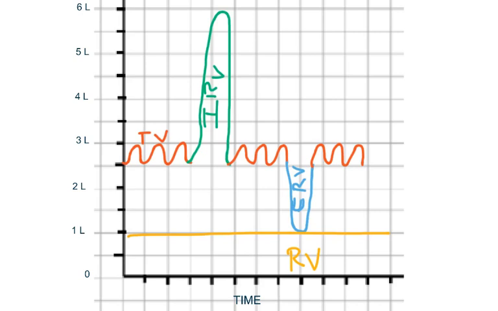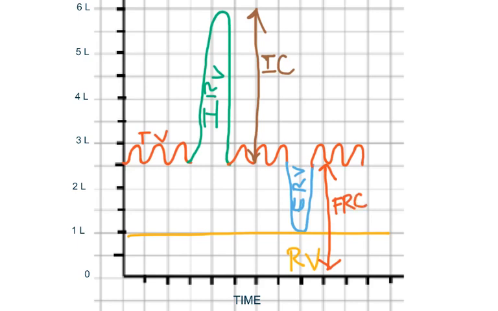Now let's go through lung capacities again on this graph. First one was inspiratory capacity, which we said was the sum of inspiratory reserve volume and tidal volume, right? The second one was functional residual capacity, which was the sum of expiratory reserve volume and residual volume, right?